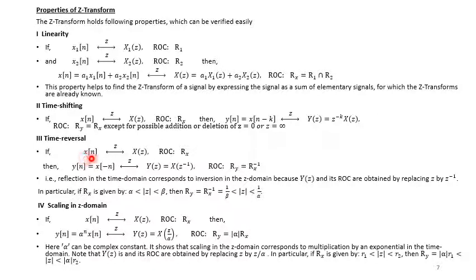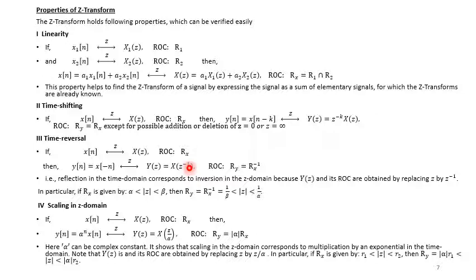So if a generalized signal x of n has Z transform x of z with ROC equal to R of x, then its reflected version, represented by y of n, can be written as y of n equals x of minus n. If we take its Z transform, then y of z will be equal to x of z inverse, the reciprocal of z.